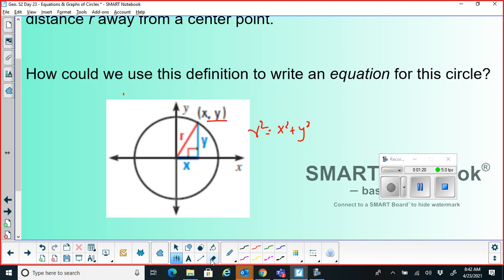Let me give a little more detail here. How do we use the definition to write equation of circle? First let's consider, let x comma y be any point on circle.